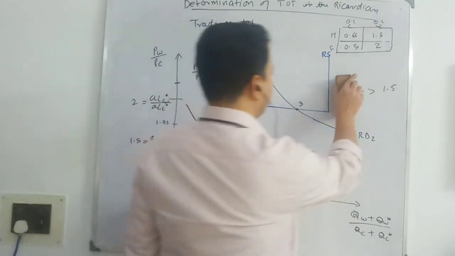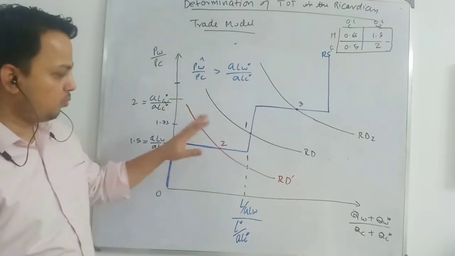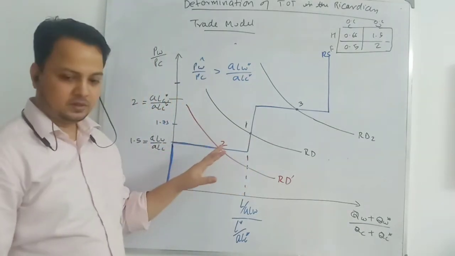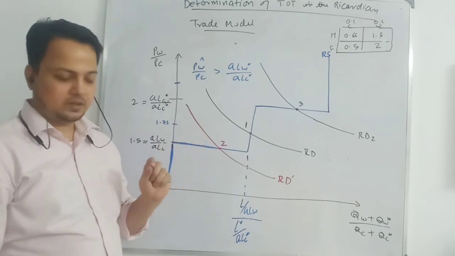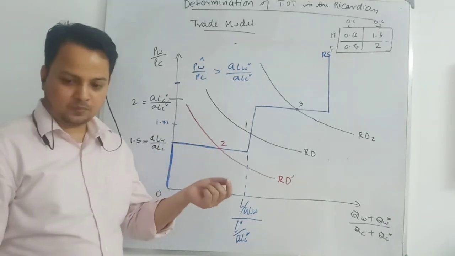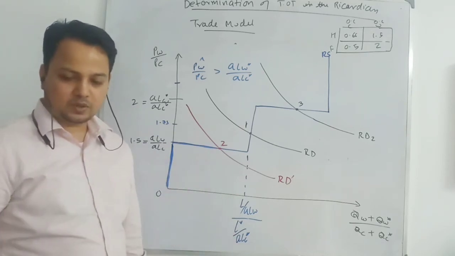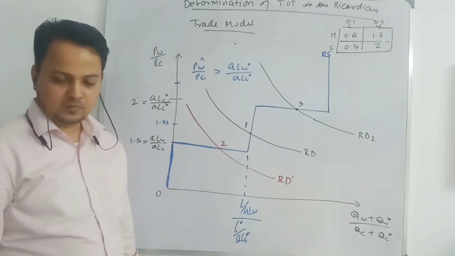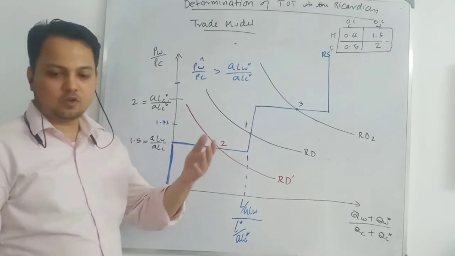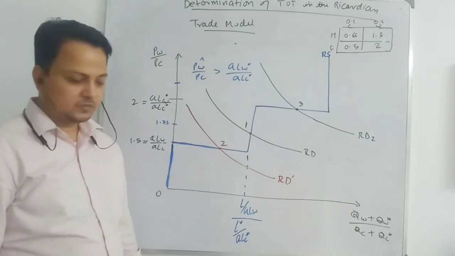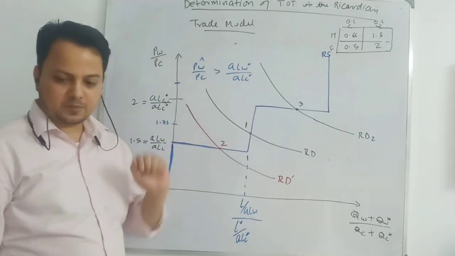Now coming to the small and large country case. These are three different possibilities. You have to draw in three different graphs, depending upon what they ask in the examination. Suppose they say that home country is small and foreign country is large. If home country is very small and has competitive advantage in the production of wine, it can specialize.